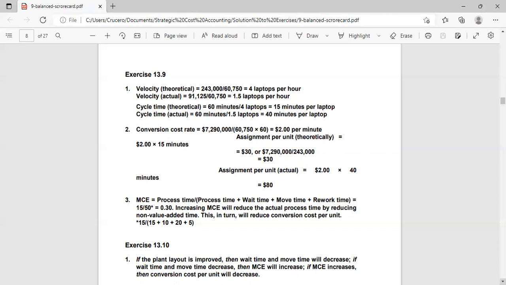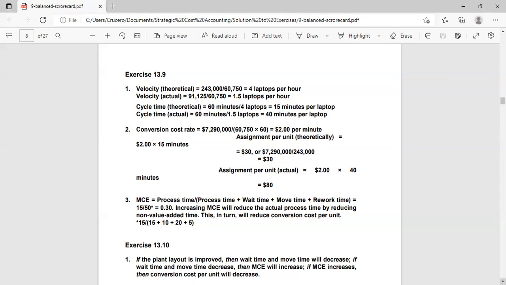So the MCE is process time divided by process time added to wait time, move time, and rework time, which are non-value added.